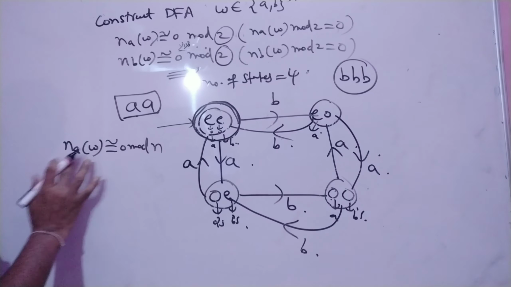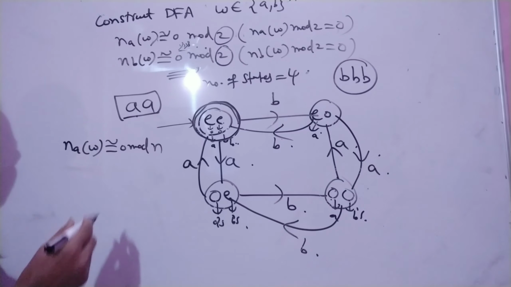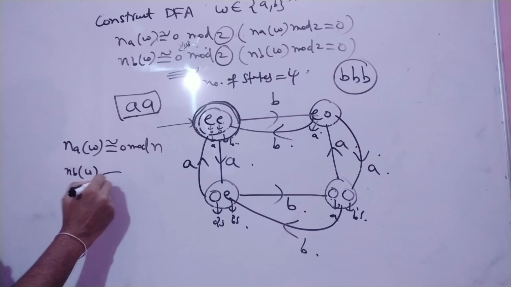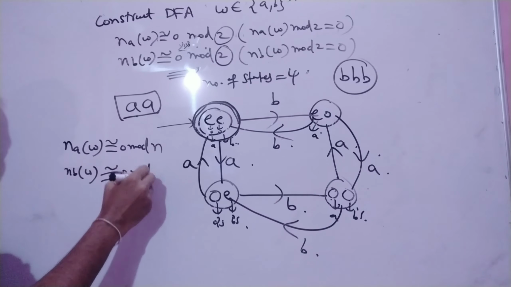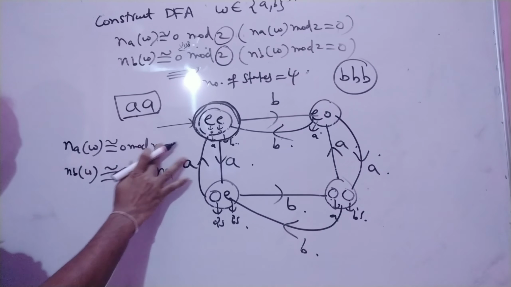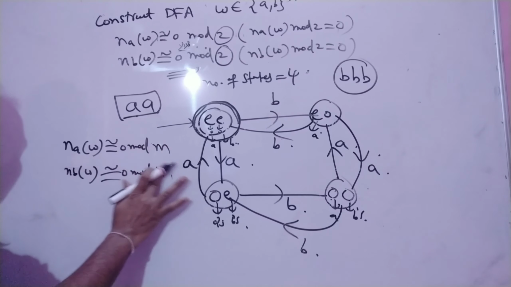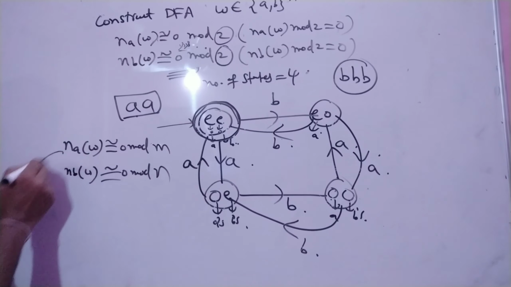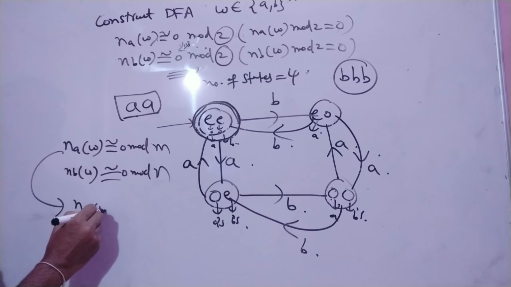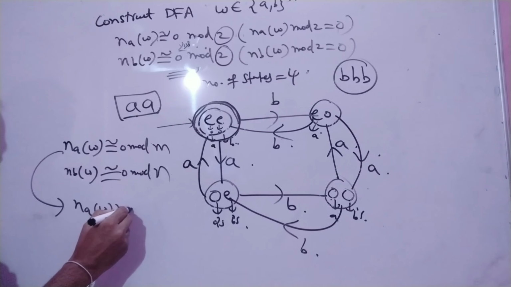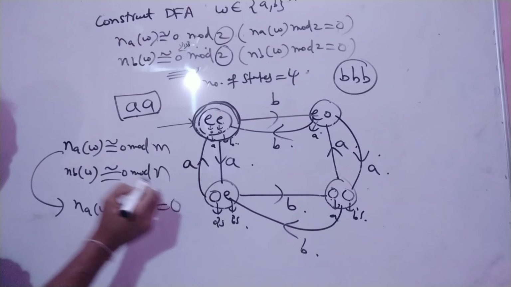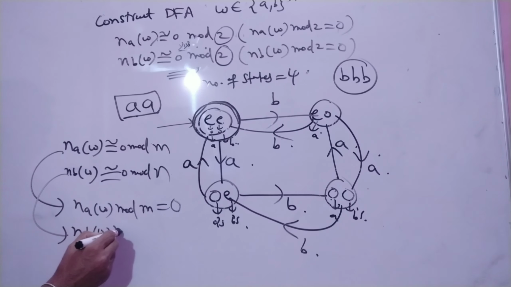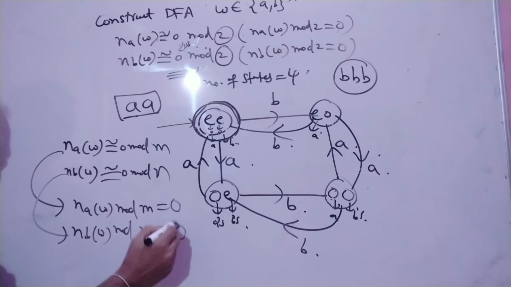Next, if number of A's are divisible by m and number of B's is also divisible by n, you can write number of A's mod m equal to 0, and number of B's mod n equal to 0.